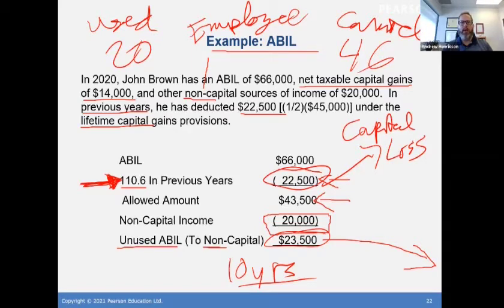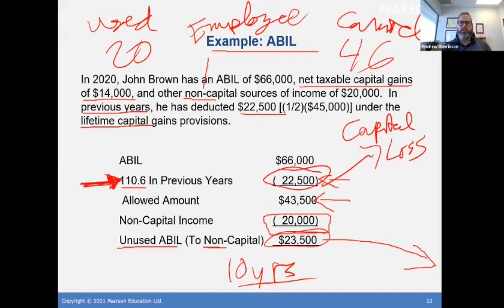So step one, the actual ABIL was 66. We had to limit it based on our previous claims for lifetime capital gains. But then we only had 20 to actually put it against, right? So we had 43.5 that was allowed, but we didn't have 43.5 of income. If the income had been 100,000, then we would have used all 43.5.